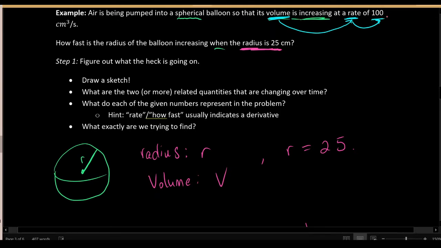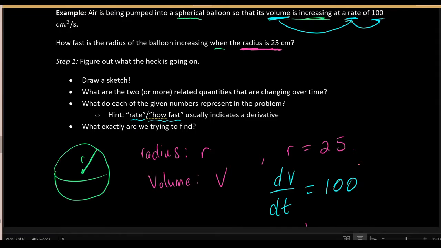Now, in problems like this, when you see words like rate or how fast, that's referring to the derivative of a quantity with respect to time. When they say that the volume is increasing at a rate of 100, they're telling you that if you take the derivative of volume with respect to time, that rate of change is 100 units.